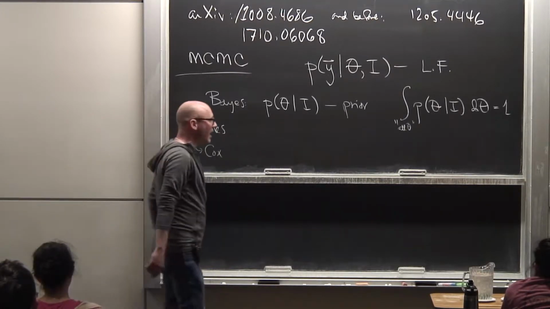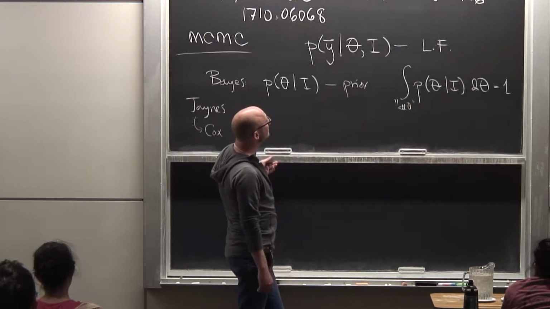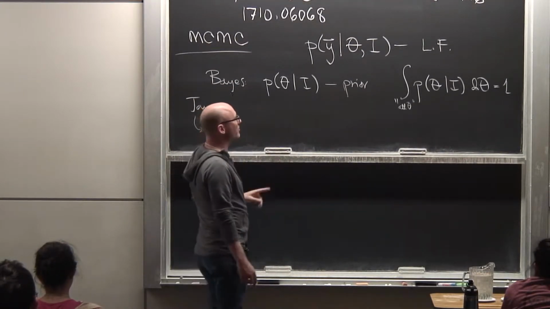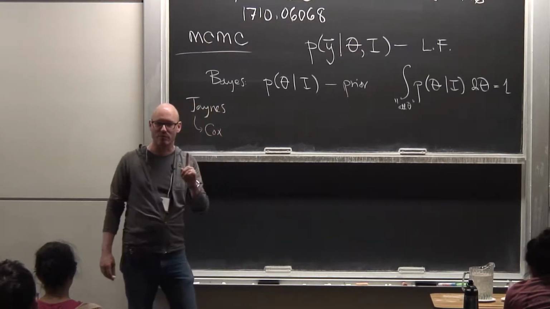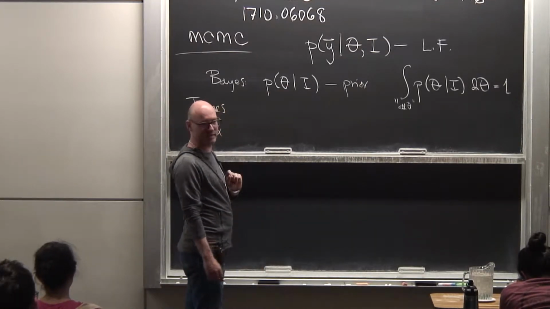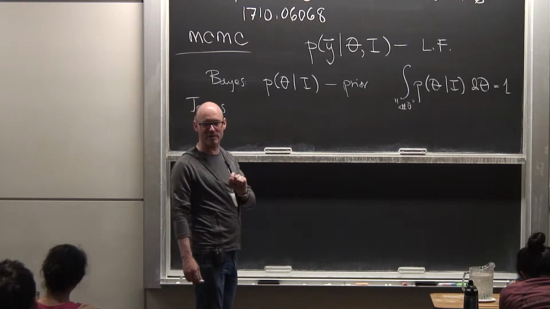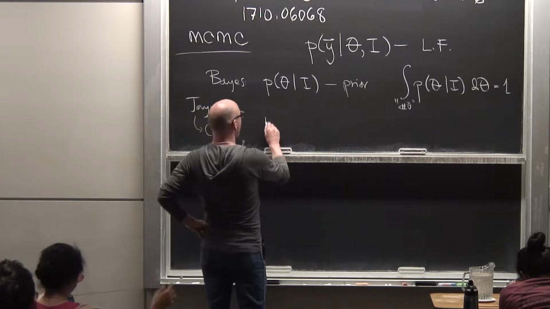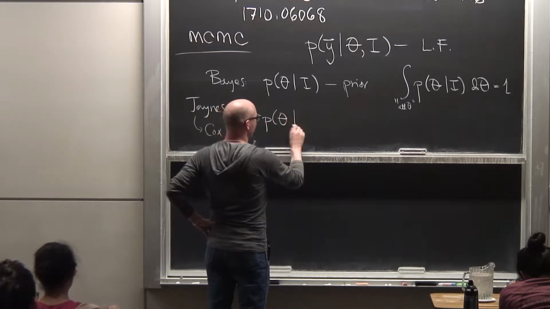Okay, good. Now, let me just remind you that the way Bayesian inference works is that you start with prior beliefs about these parameters theta, and you're going to end with posterior beliefs.